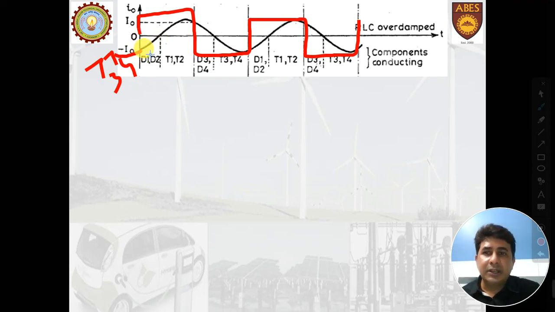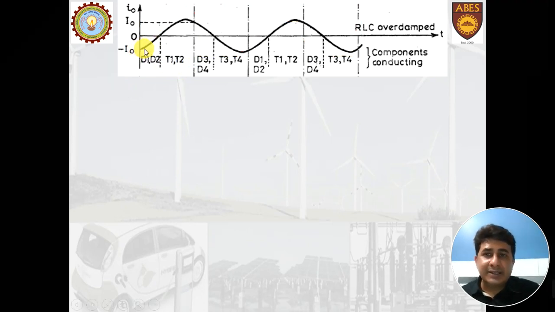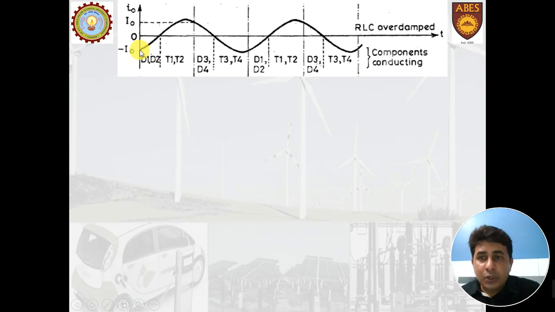Now this current cannot immediately become zero because of the inductance in the load. If this current is not zero, the firing given to T1 and T2 will not turn these two thyristors on. To turn on these two thyristors, this current should first become zero. And to provide the path for this negative current, diodes D1 and D2 come into conduction. So prior to this, T3 and T4 were conducting. At this point, T3 and T4 are forcefully commutated.